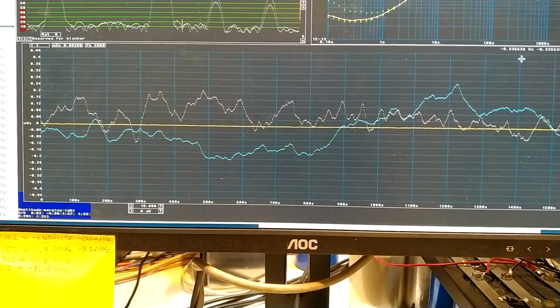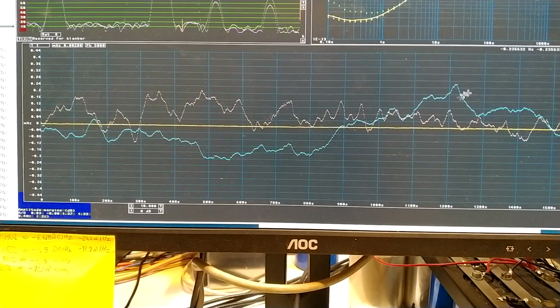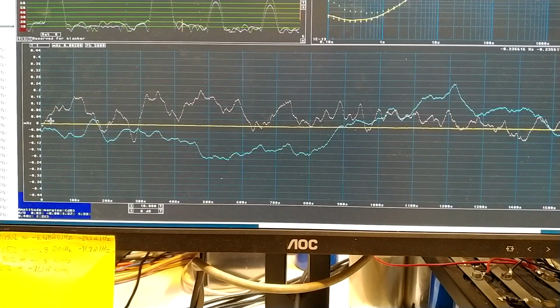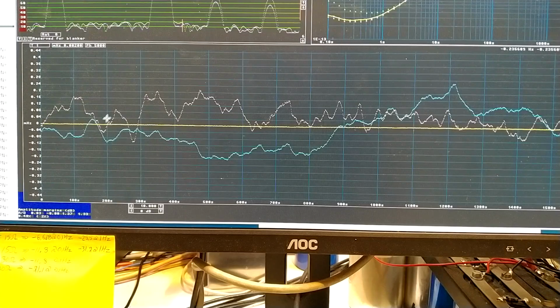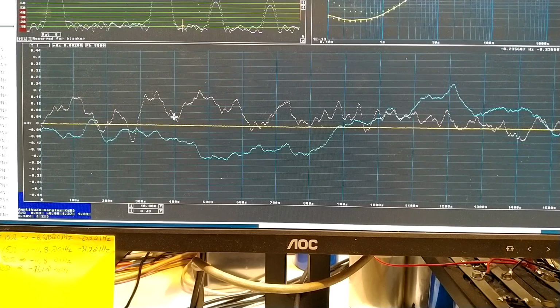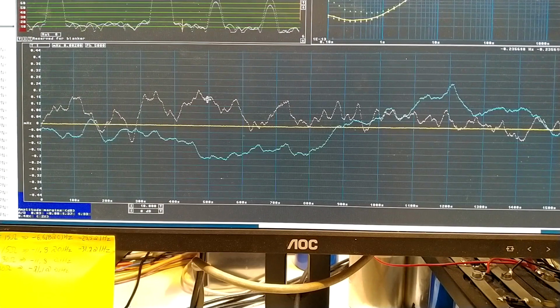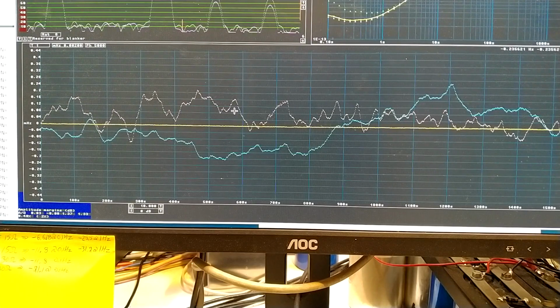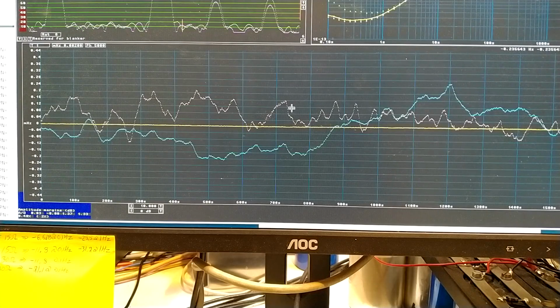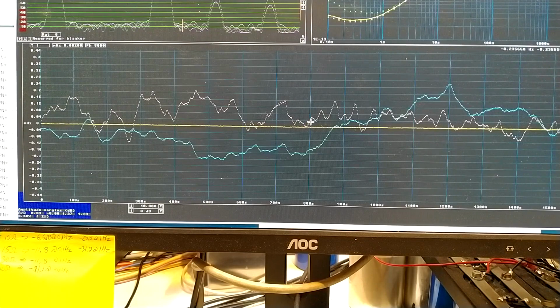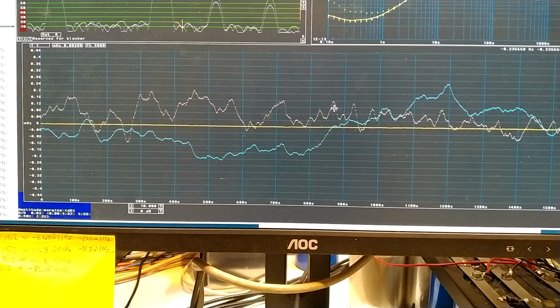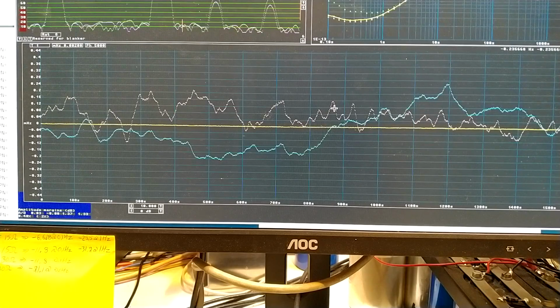Now several hours have passed, and I don't see much similarity between the frequency variations of the Wenzel, because there should be no frequency variations, or at least very small ones, from my reference oscillator, because that is locked to a rubidium source.